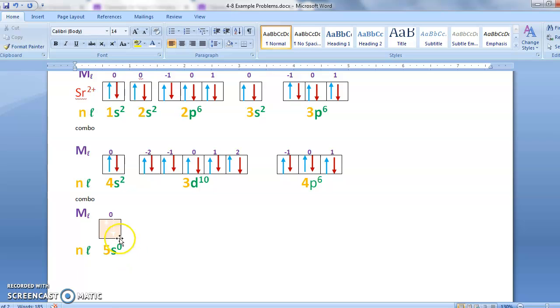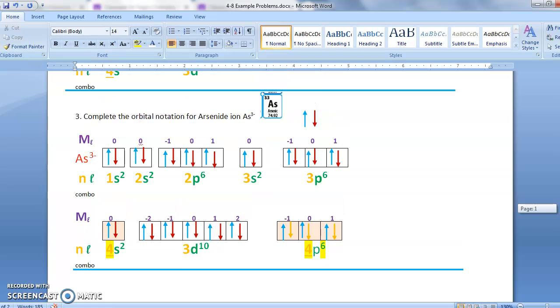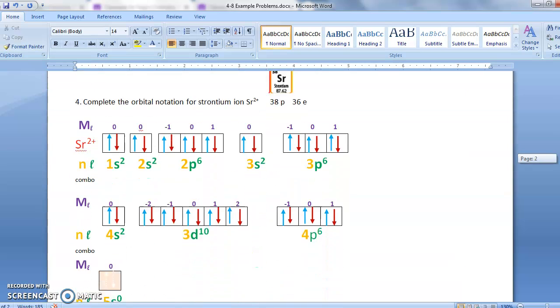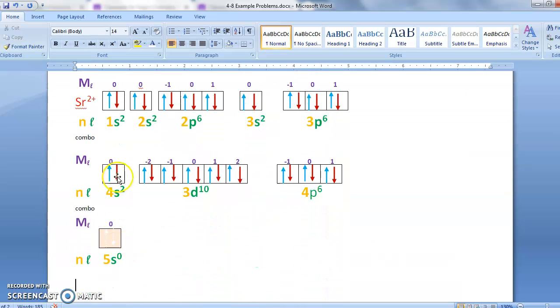Now, why would strontium want to lose these 2? Remember, chemical bonding, as we saw with the arsenide ion, was to end up with a filled S and P. Well, when strontium lost these 2 electrons, take a look what's happened here. This sublevel, the 4s sublevel, and the 4p sublevels are left full. 2 in here, 6 in here, 2 and 6.